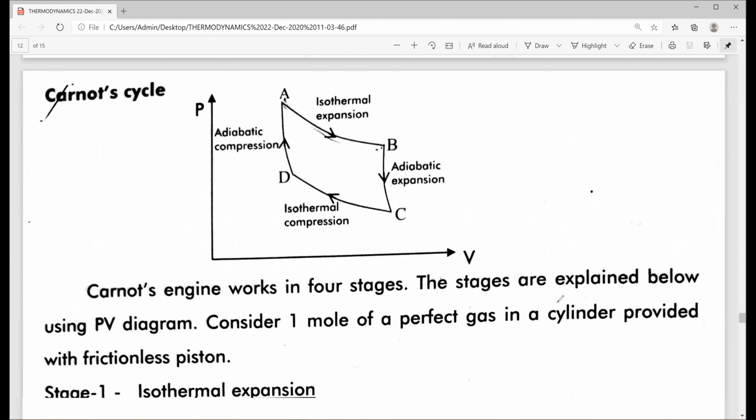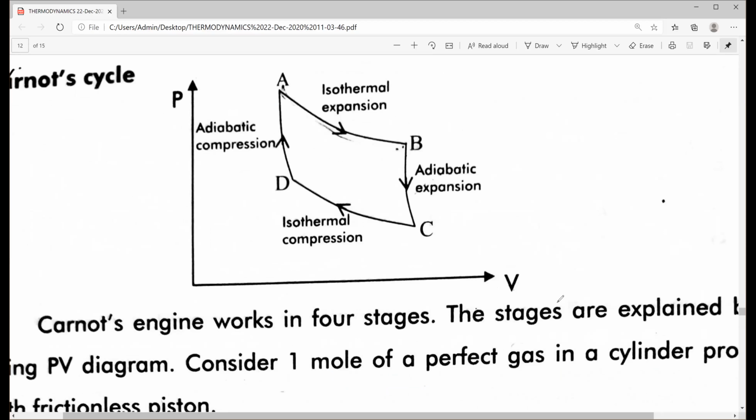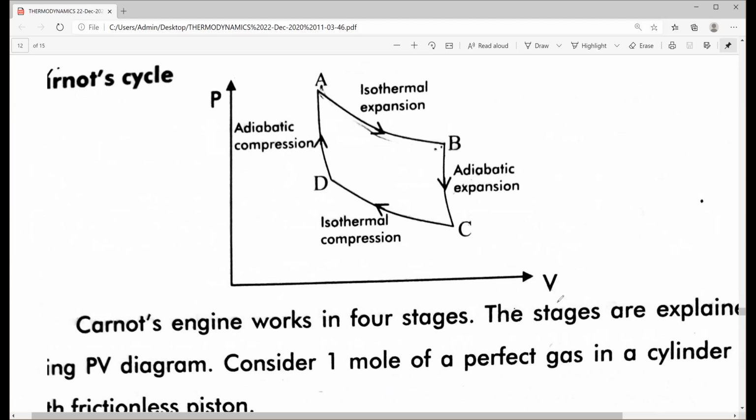This is the diagram we are using to explain the Carnot cycle. The Carnot cycle consists of different processes or different steps. It consists of 4 stages.